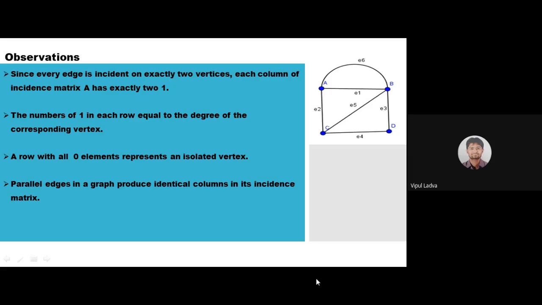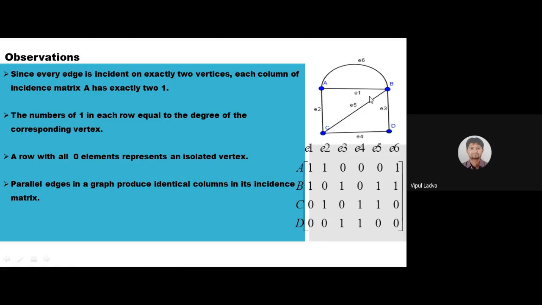Look at E1 and E6: the end vertices of E1 are A and B, and E6 has the same end vertices. So if you look at the entries of E1 and E6 in the matrix, look at the whole column of E1 and the whole column of E6. Both these are identical. All the entries are identical. That is what I had mentioned in the last observation.